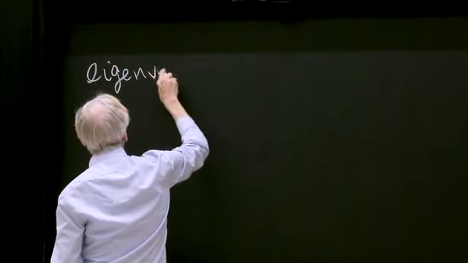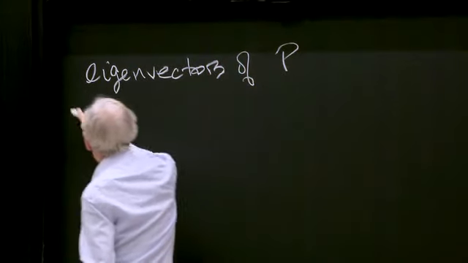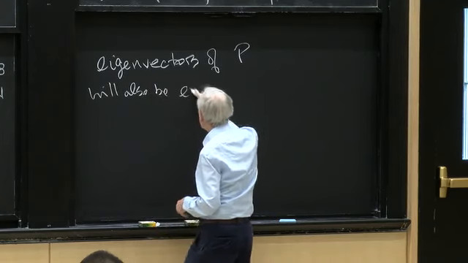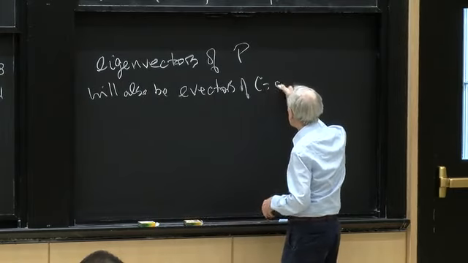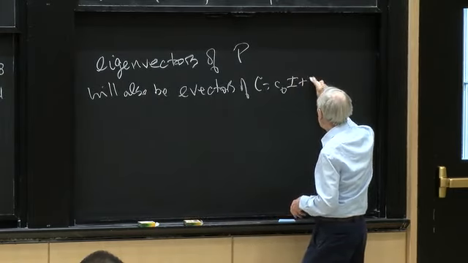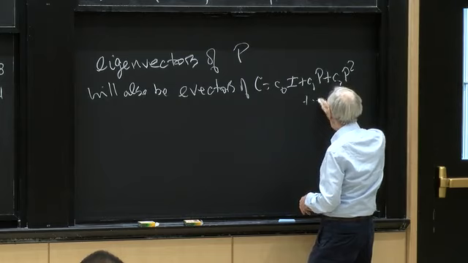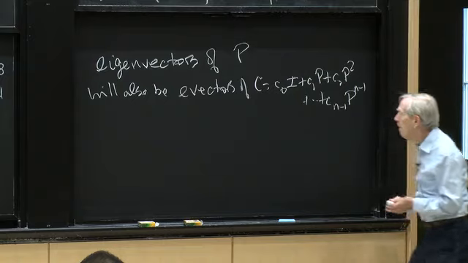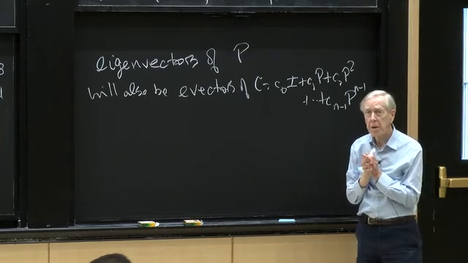Eigenvectors of P will also be eigenvectors of C, because it's a combination of powers of P. So once I find the eigenvectors of P, I've found the eigenvectors of any circulant matrix.